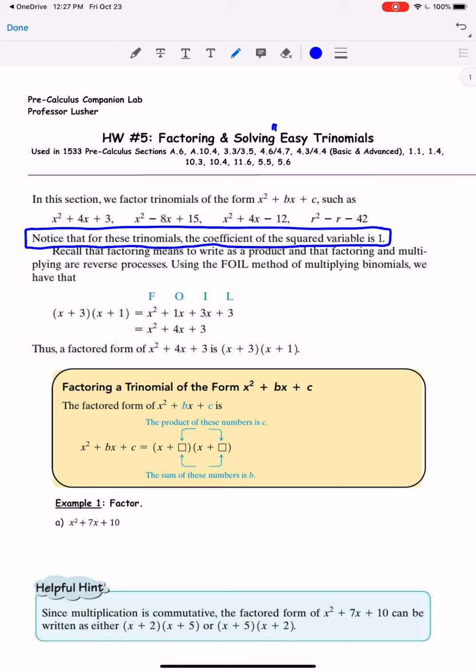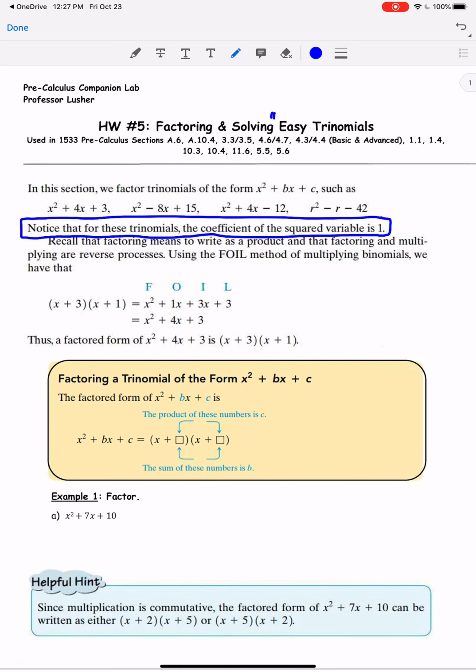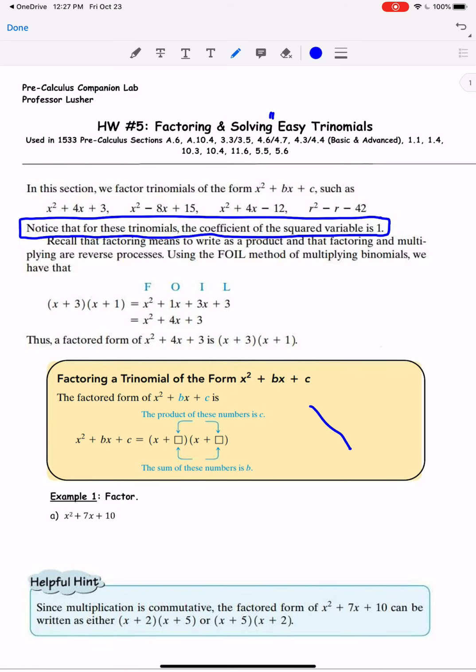So factoring a trinomial in the form of just x squared plus bx plus c, you want to find numbers whose product is c and whose sum is b. So what does that mean? What we're going to do is make these little x's, and it's just a visual way to figure out what we're doing.